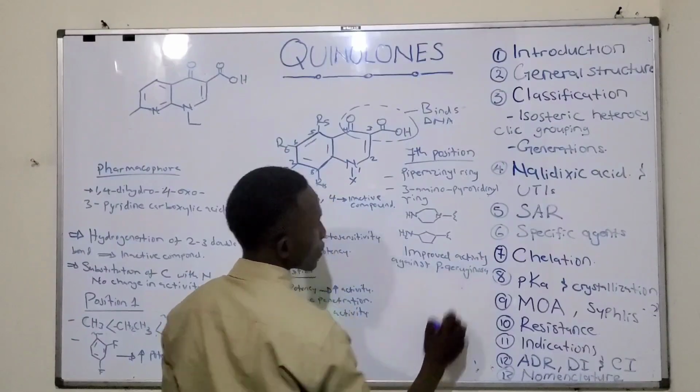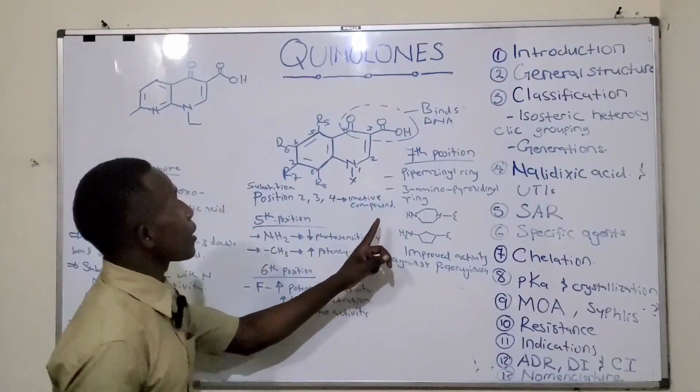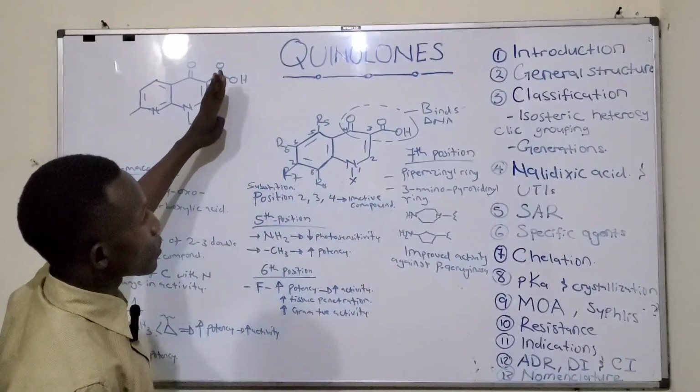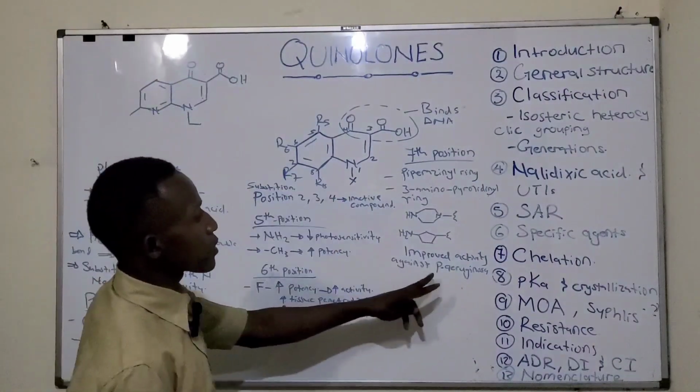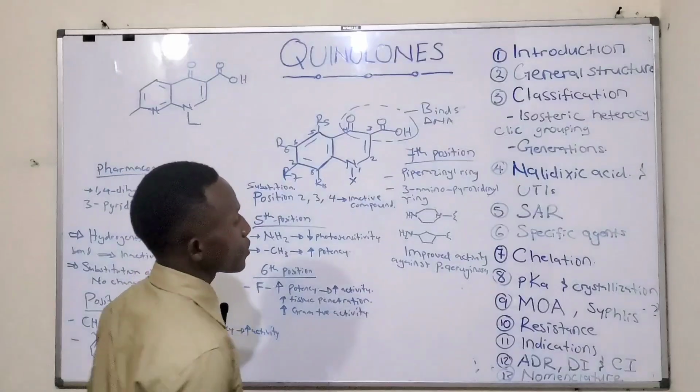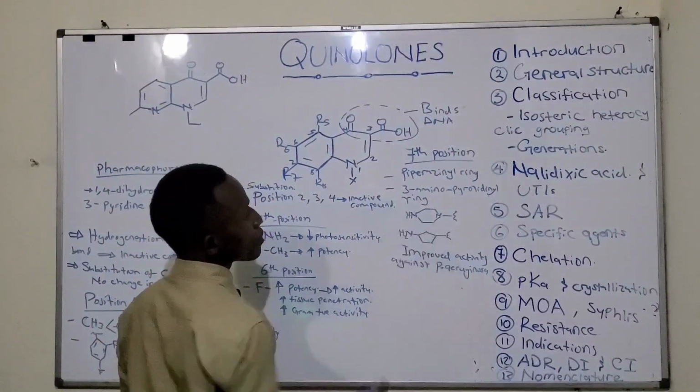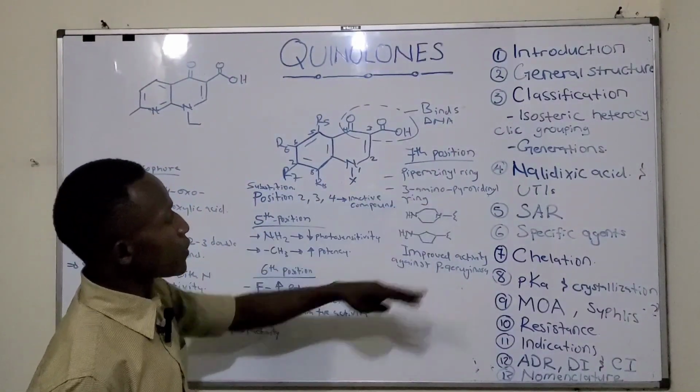Pseudomonas aeruginosa. Remember, the first quinolones, like nalidixic acid, had little activity against Pseudomonas aeruginosa, but addition of these groups led to improved activity.